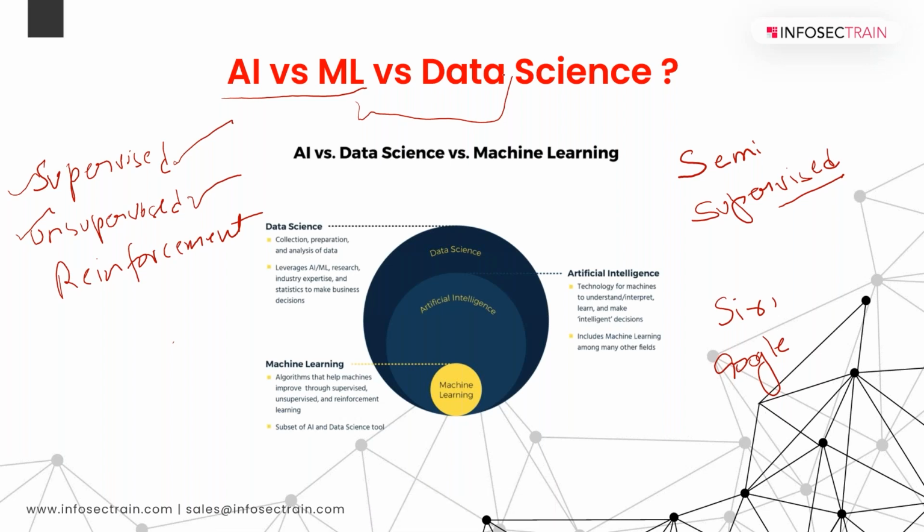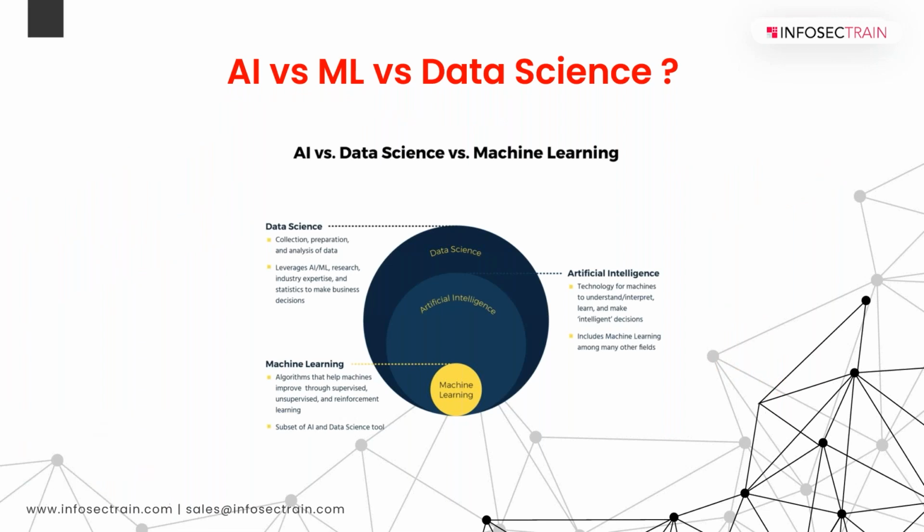Now the skill set. What skill set do you need to get into data science or machine learning? Now, in machine learning, we'll talk about first. So, in machine learning, what do we have? First thing, programming language, Python or R, right?